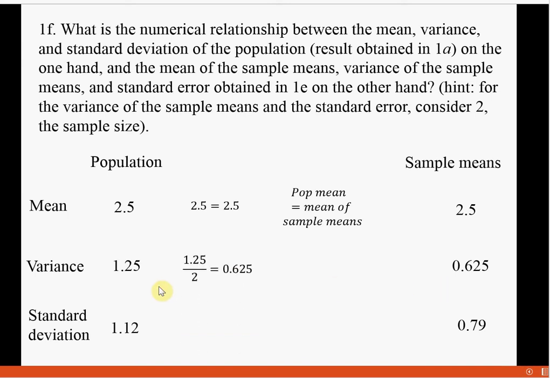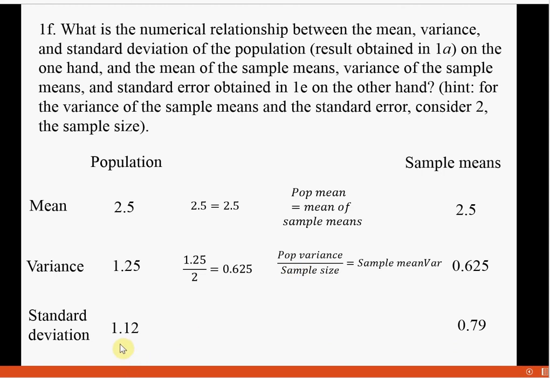In other words, population variance divided by the sample size. And we know in this question we take all possible samples of size 2. So 2 here is the sample size. So population variance 1.25 divided by sample size should give you the variance of the sample means. So that is the relationship here.